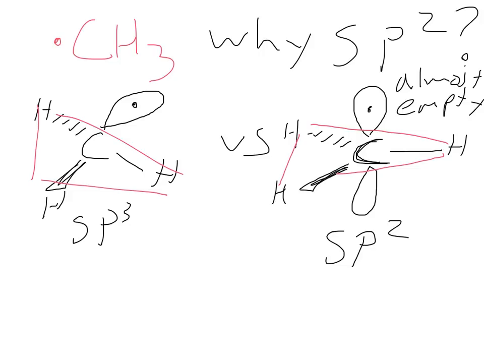So since it's almost empty, this does not take up nearly as much space as if it was 2 electrons. If it was 2 electrons, it would take up a lot more space, twice as much. And so essentially what wins out is that in the sp2, these are going to be 120, and these are going to be 109.